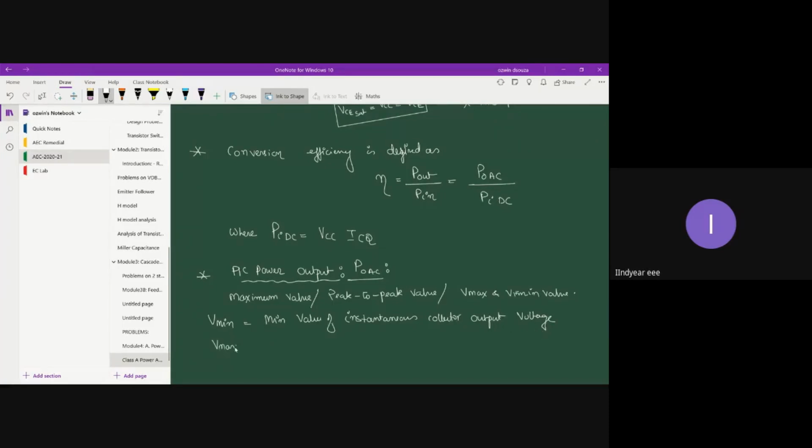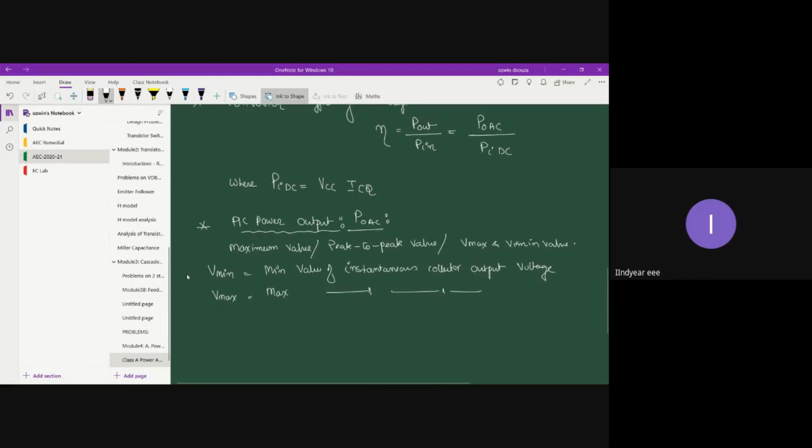Similarly, Vmax is equal to the maximum instantaneous value of the collector output voltage. And then we can also mention VPP. VPP is the peak to peak value of the AC output voltage across the load, which is nothing but the collector output voltage.